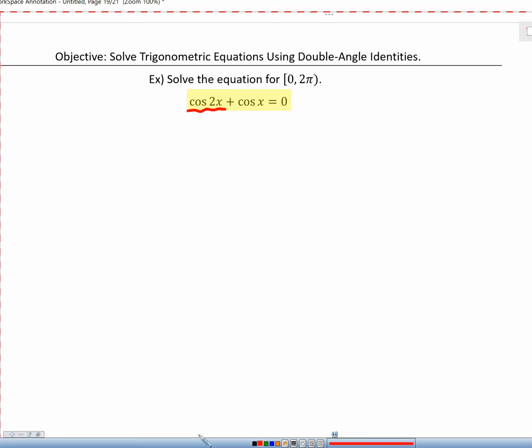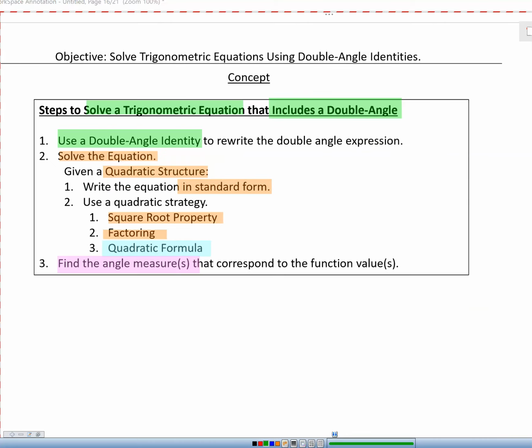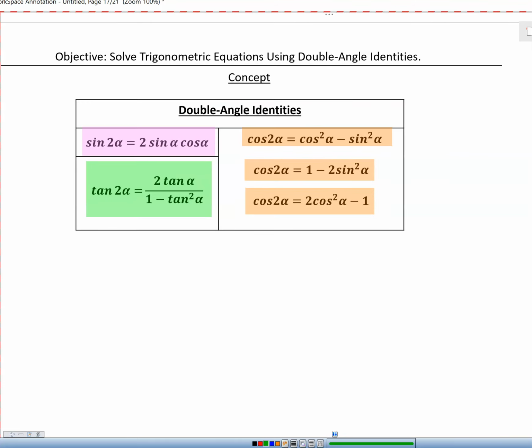But here's the strategy that I use to make my decision much of the time, and that has to do with what else is in the problem. What else is in the problem is a cosine, so I would use an identity that changes cosine of 2x into something with cosine in it. So let's go back and take a look at our identities. This one for cosine of 2x involves cosine squared and a sine squared, so I probably wouldn't use that one unless I have to.